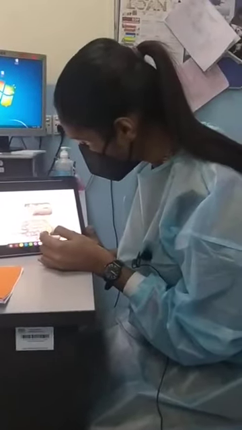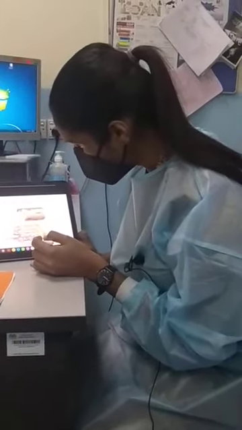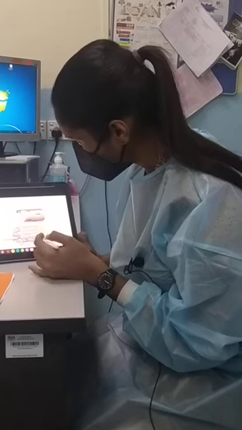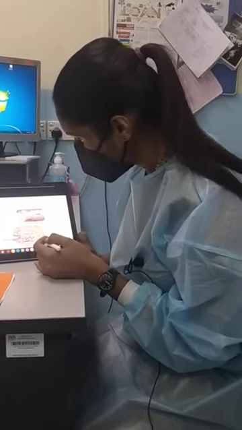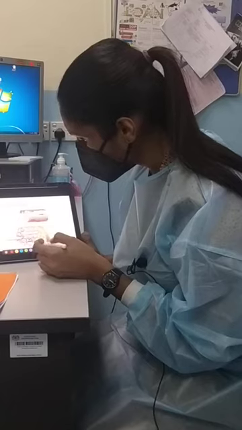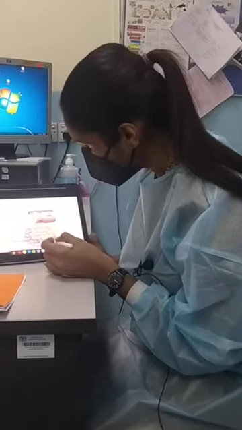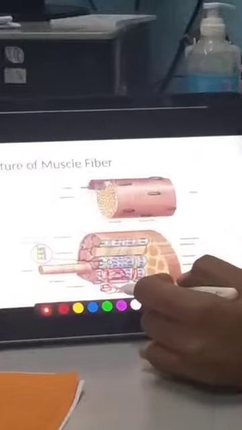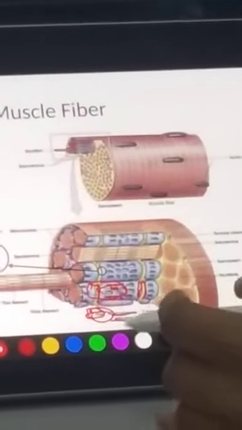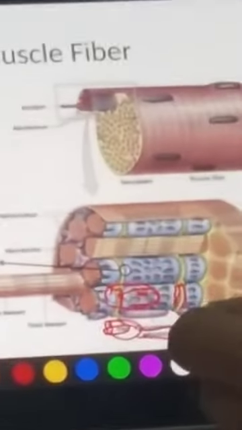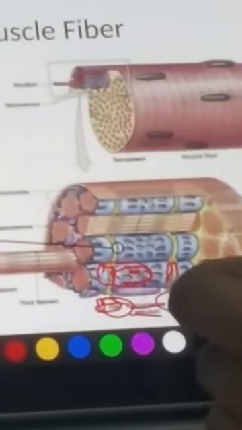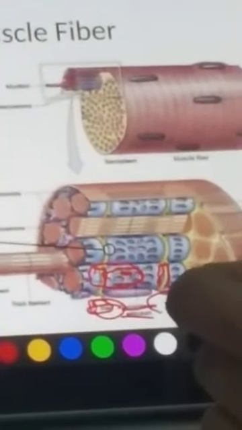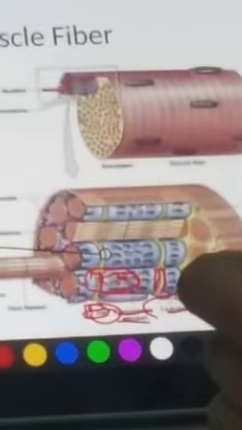What does the sarcoplasmic reticulum do? It is similar to the smooth endoplasmic reticulum. In the muscle cell, it stores all the calcium. That is the main function of the sarcoplasmic reticulum. There are T tubules here, and there will be calcium regulation later.